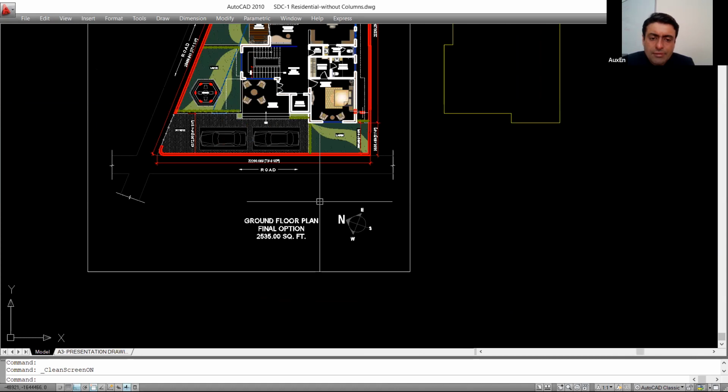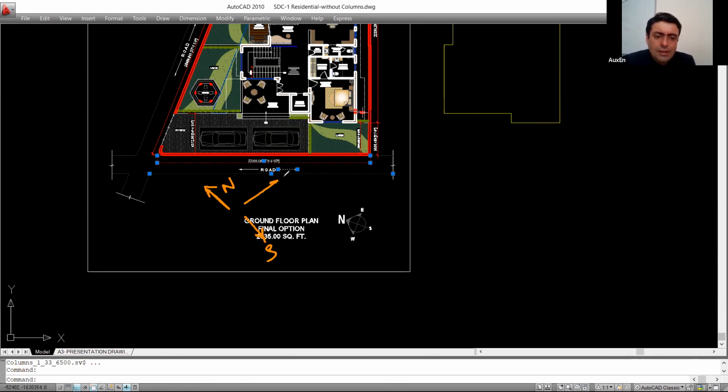So our north is facing slightly this side. This is south, this is east and this is west. Actually, it is not like this, it is more towards this side, north. This is south, east and west. You can easily see the directions mentioned in the drawing itself over here.